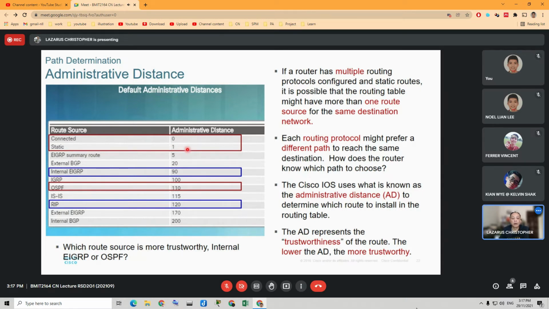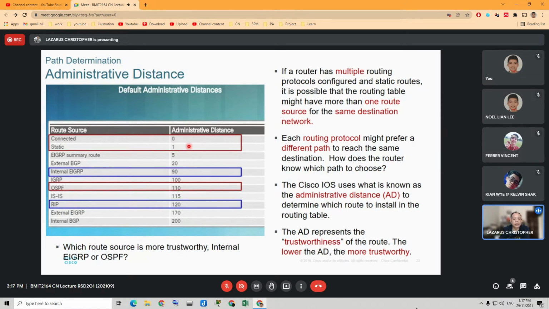0, 1. 0 being the lowest, directly connected. No need to choose already. It's directly connected, you know straight away to forward to this interface. So 0, no need to consider others, right? The next one, okay, remember the lower is the more trustworthy. That means the lower will be chosen over the higher AD.